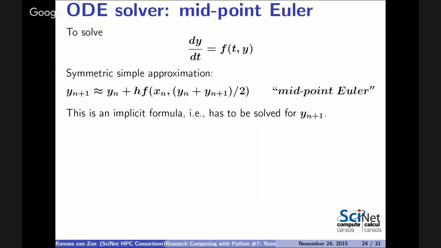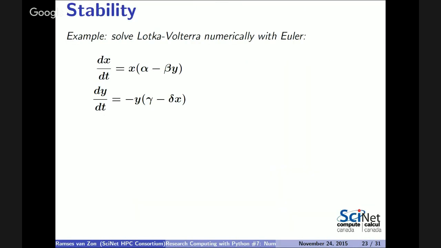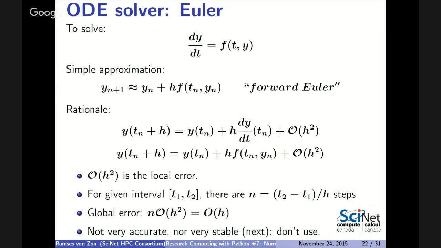So one of the things that we did, well, let's just go back for a second, is that we made this approximation here, right? By saying, okay, we're going to compute f at our previous time and compute a new time. That's kind of asymmetric in time. From the point of view of the approximation, it doesn't really matter whether this is time n or time n plus 1, right?